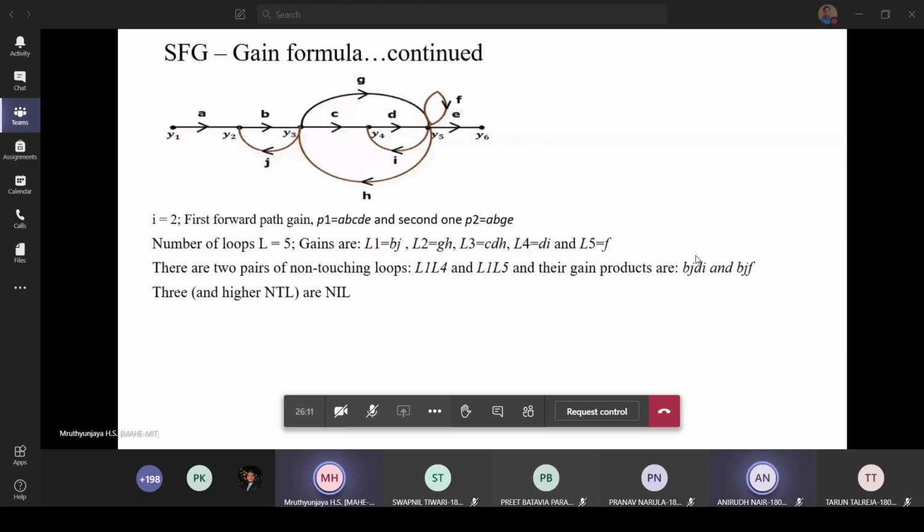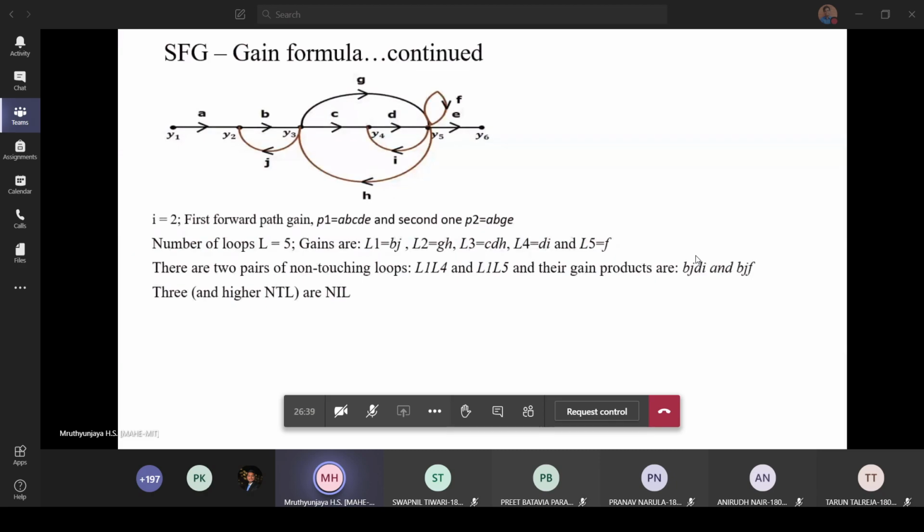So there are non-touching loops in the above list. What do you mean by non-touching loop? That I already explained. There are in fact 2 sets of non-touching loops here: L1 and L4, that is BJ and DI.